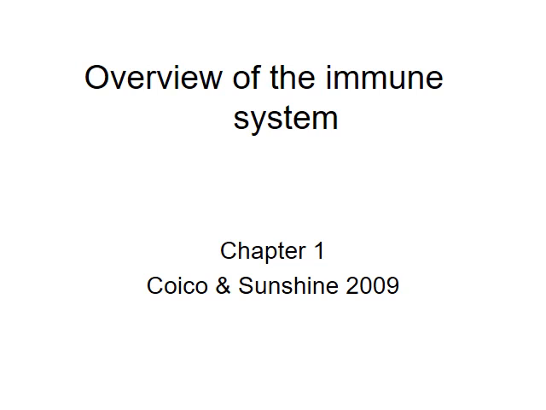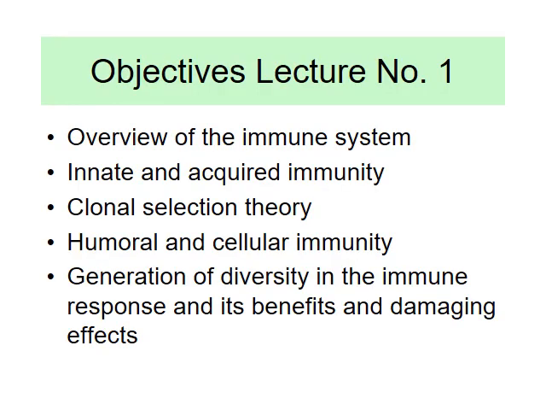So this was chapter number 1. And again, I would also want you to pay attention to the objectives. I do want you to know what the differences are between innate and acquired immunity.